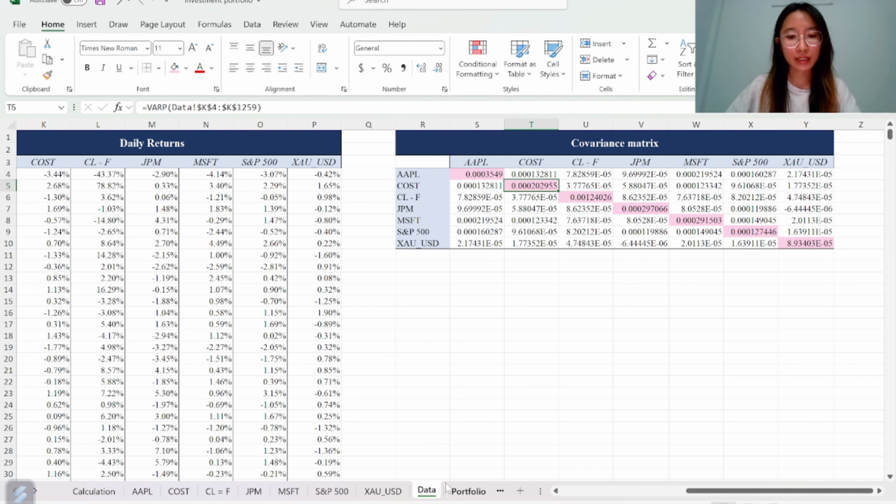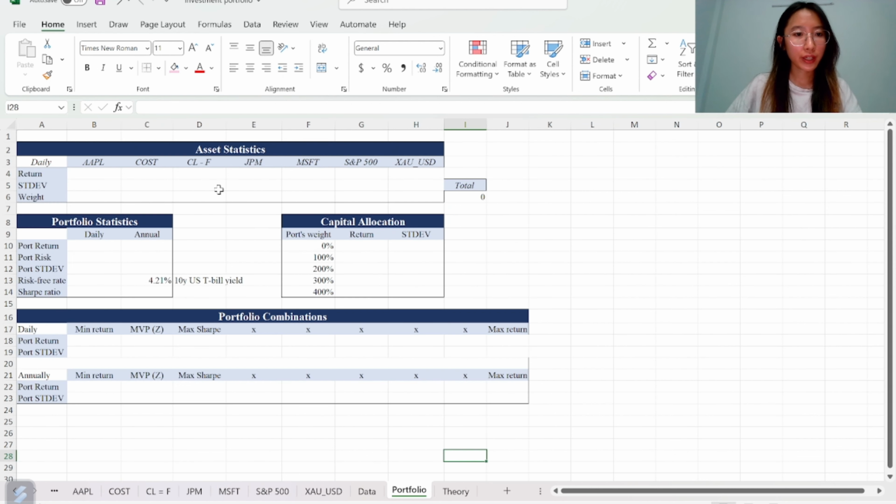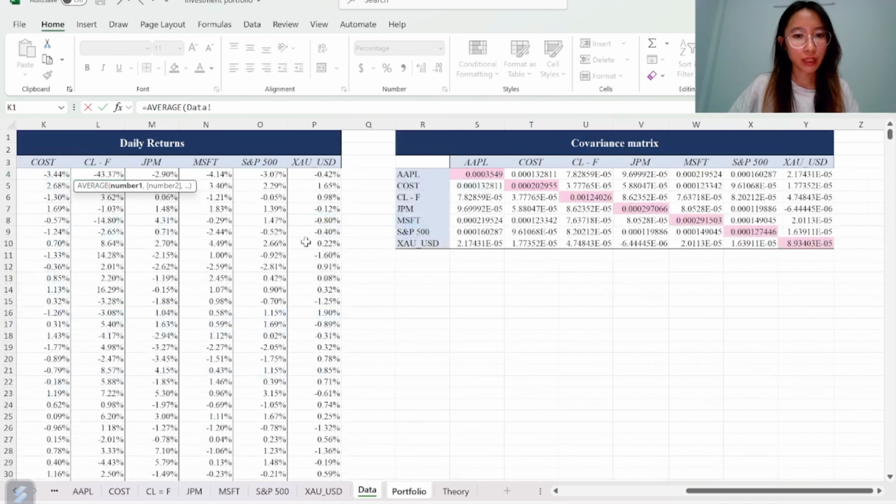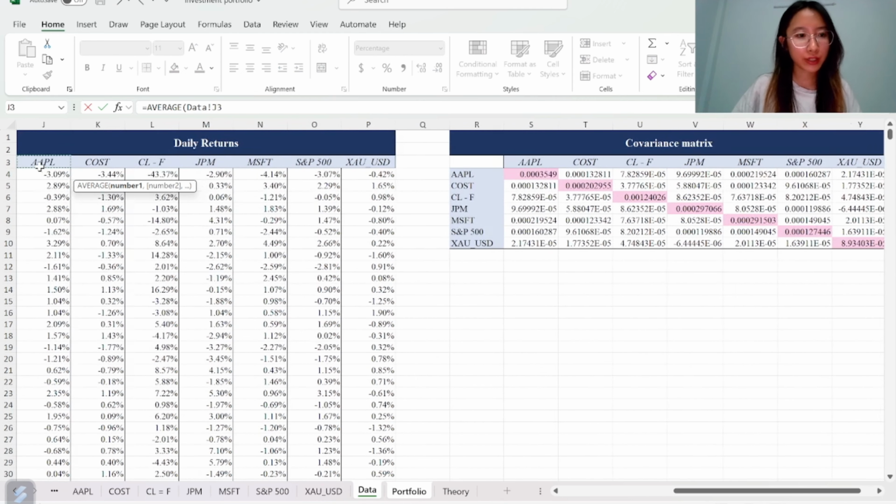Let's make some stat table. Over here we have all the assets and the components are return, standard deviation, and the weight that we assign. Remember that it is all daily statistics, so for the return we will take the average of the daily returns that we have here.